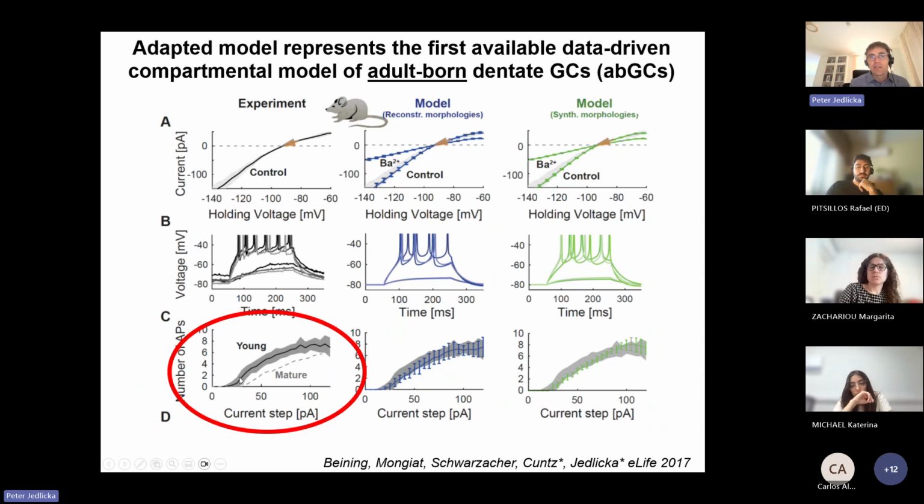And it's known in the field of neurogenesis, or in the field of adult-born granule cells, that these young cells are more excitable. So you see here a leftward shift in this input-output curve. I'm mentioning this because this will be important also in the later part of the talk.